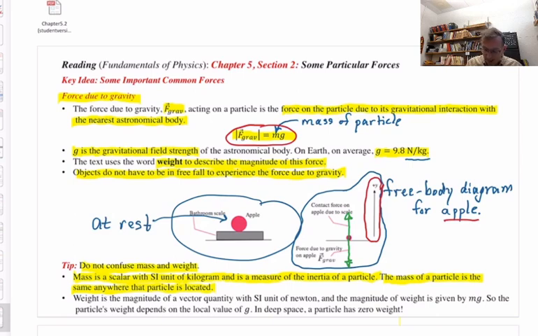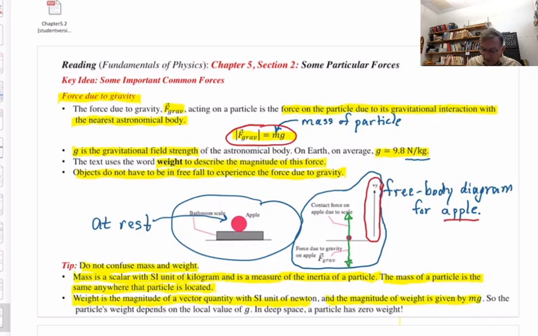Weight, on the other hand, which we just introduced, is the magnitude of a vector quantity, right? It's the magnitude of the force due to gravity, and its SI unit is Newton, not kilogram. And there's a formula for the magnitude of, well, for weight. Weight is the magnitude of F-grav, m times g, the gravitational field strength.